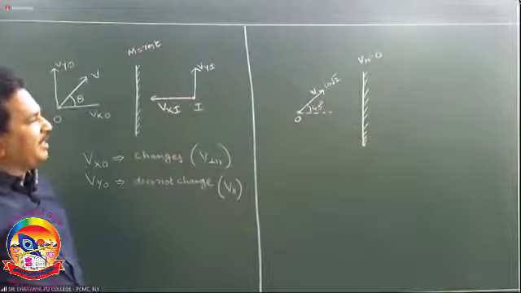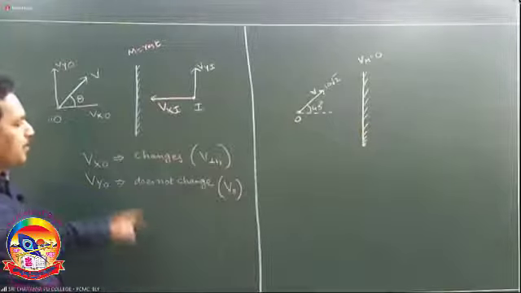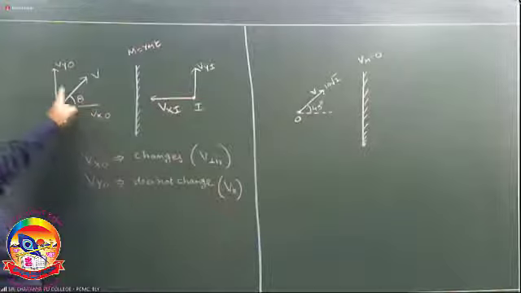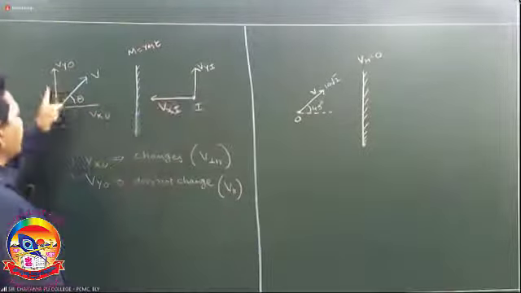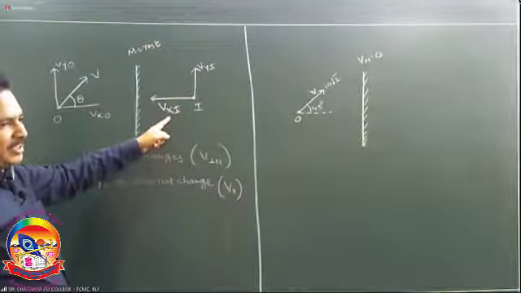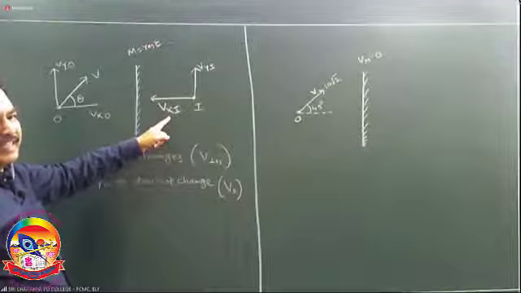What is the angle it is making? 45 degrees. Use this concept and we will easily get it. Along the y-axis it remains the same. Along the x-axis it reverses its direction.